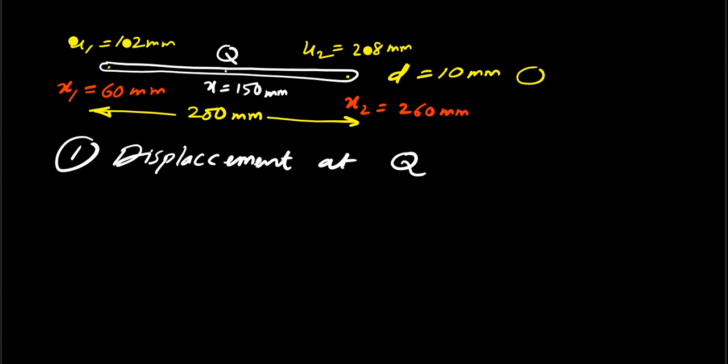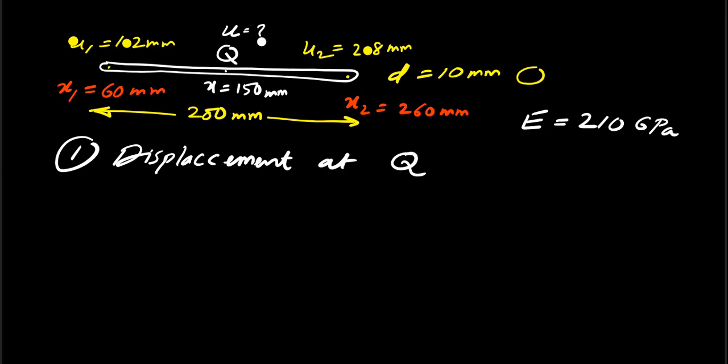It means you have to find out displacement at Q, and also find the stress and the strain energy for the rod, and take E value, Young's modulus for the given material, as 210 gigapascal. So this is the exact condition of the problem.